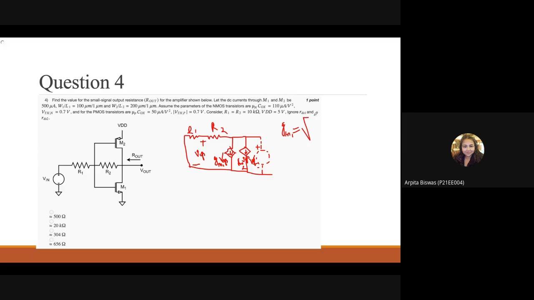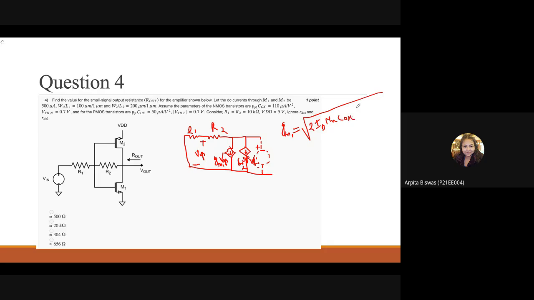Root over twice of ID, mu n Cox, W by L. Ma'am, twice of ID into mu n Cox W by L. All the values are given.